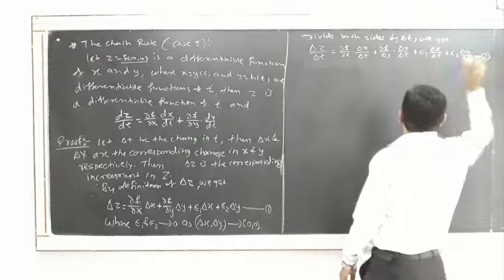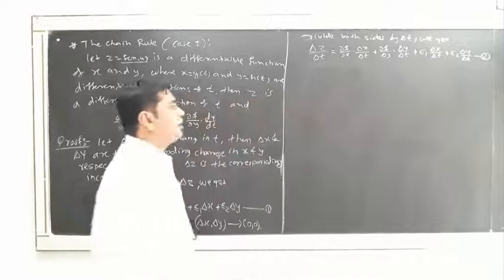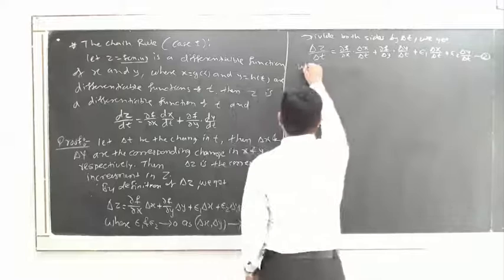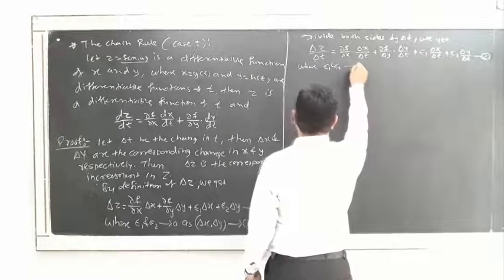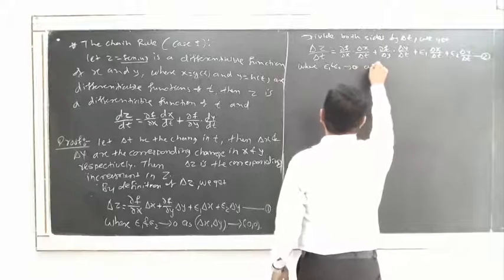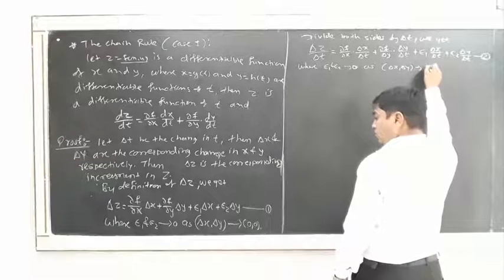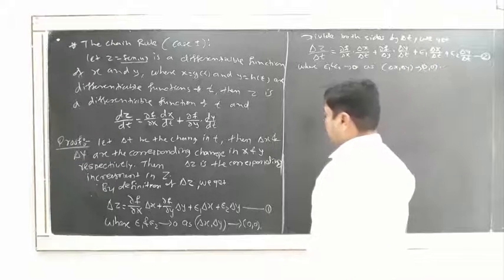This is equation number 2, where epsilon 1 and epsilon 2 tend to 0 as delta x, delta y tend to 0, 0. Again same we have written here.